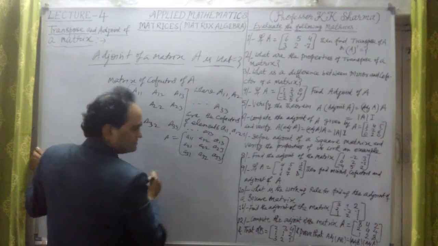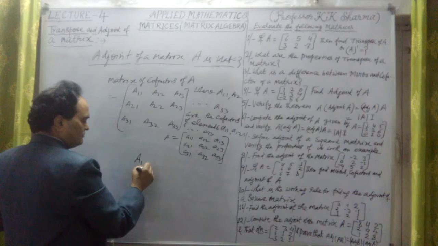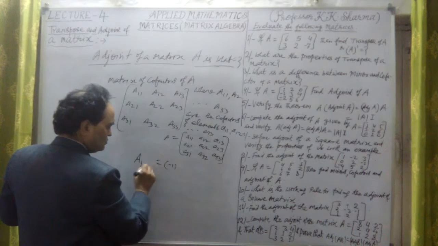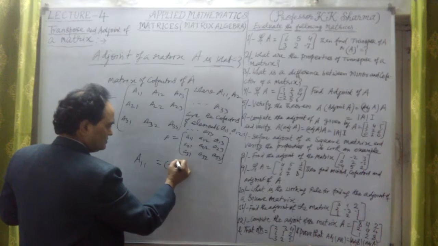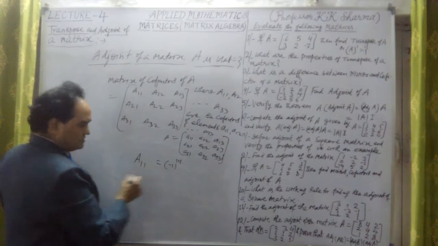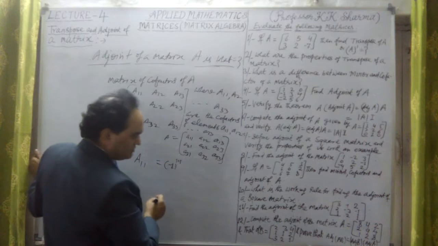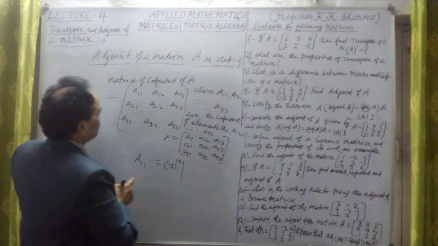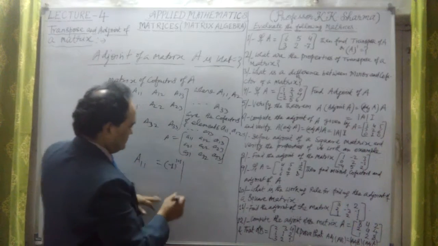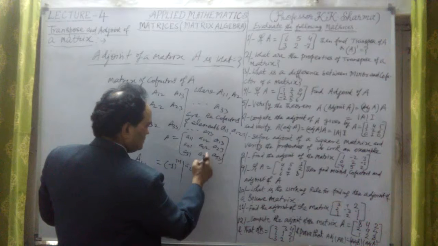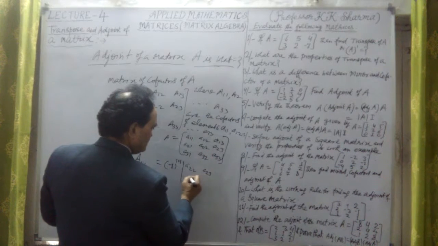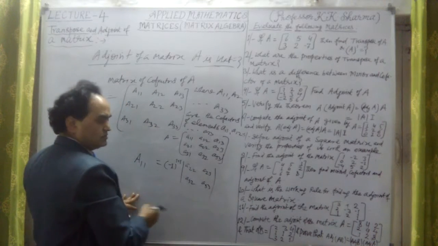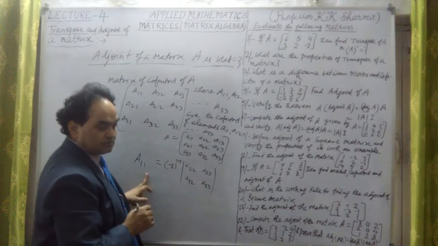A11, if I have to find it, is minus 1 raised to the power 1 plus 1 times the determinant of the remaining matrix, that is A22, A23, A32, and A33. This value will give us the cofactor A11.